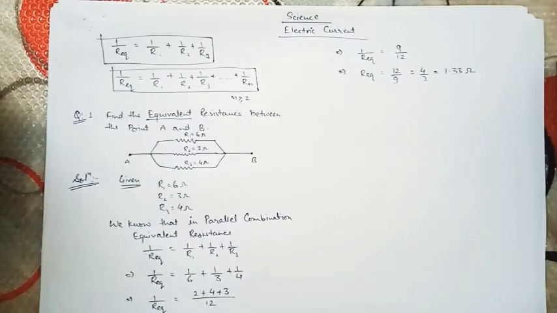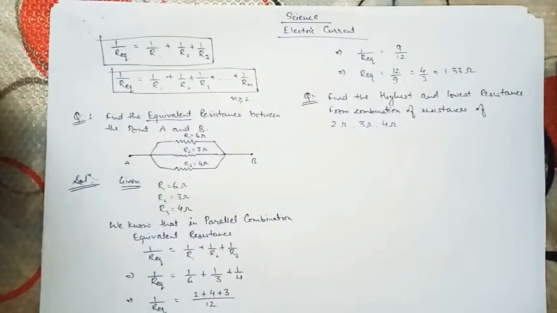So in a series combination we get the maximum or highest resistance of the combinations, and in a parallel combination we get the minimum or lowest value of resistance. Okay, now we are solving the question based on that.